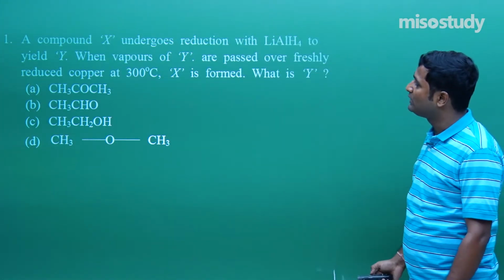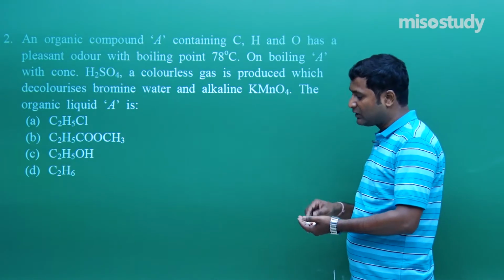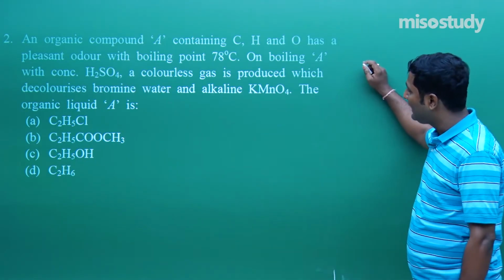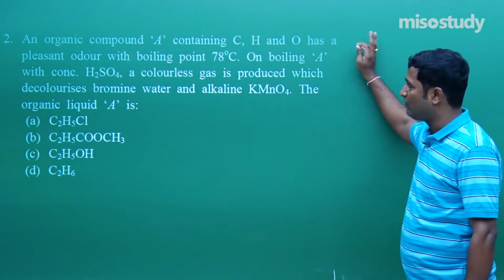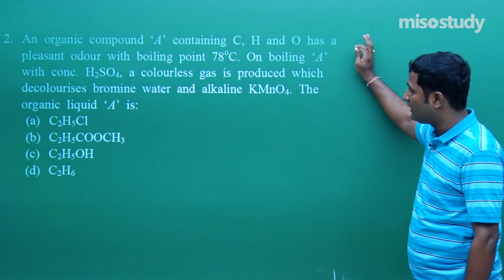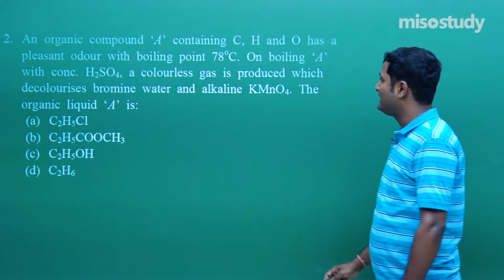Now let's move to the next question. Question number 2: an organic compound A containing C, H and O has a pleasant odor with boiling point 78 degrees Celsius.